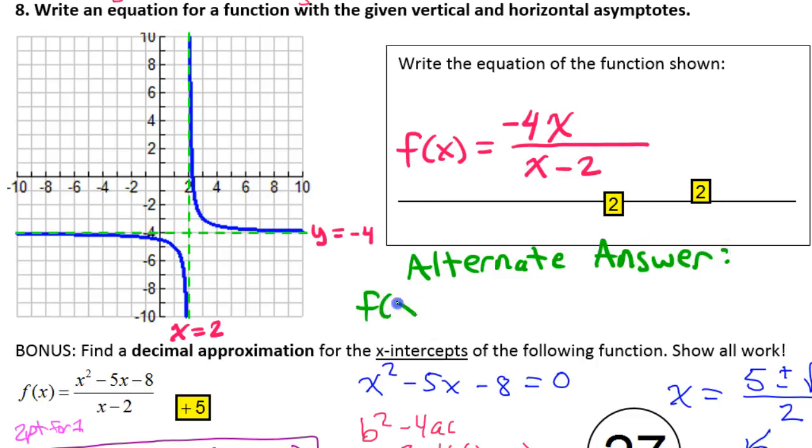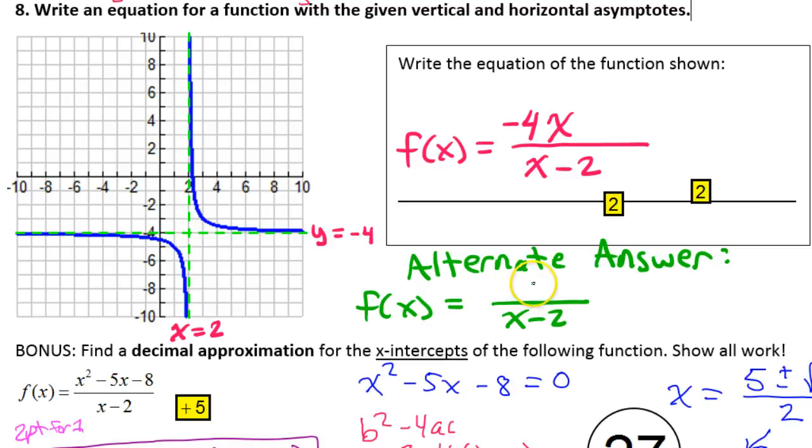Okay, so here's another answer. Again, we still need the denominator to be x minus 2, so that'll give us x equals positive 2 when we set it equal to 0 for the vertical asymptote.